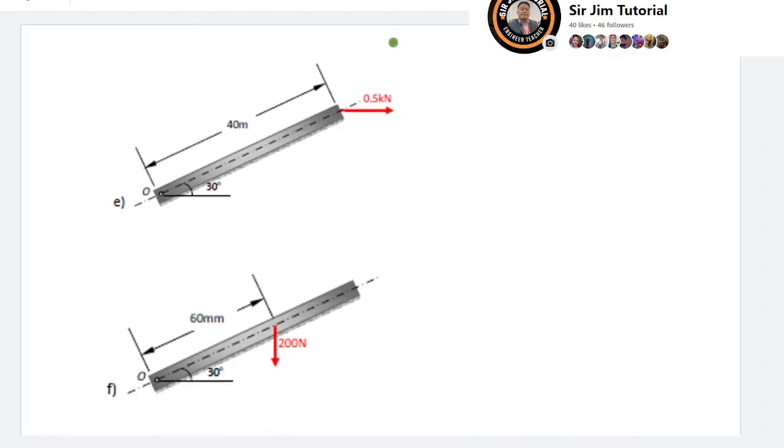How about this one? Again, let me extend this line. This angle is also the same as this, 30 degrees. Now, how are you going to get the components? There are a lot of methods that you could use.